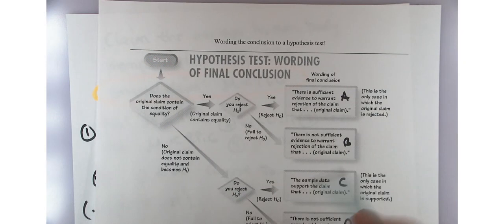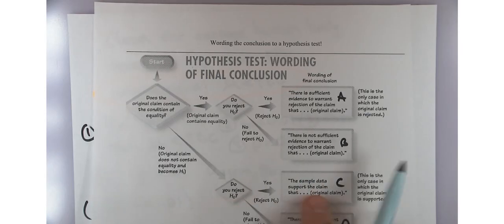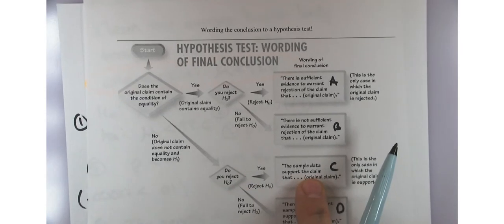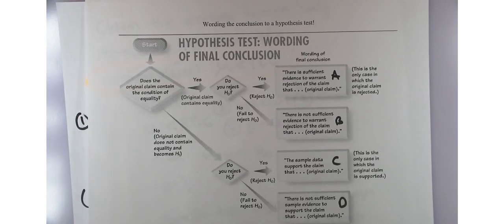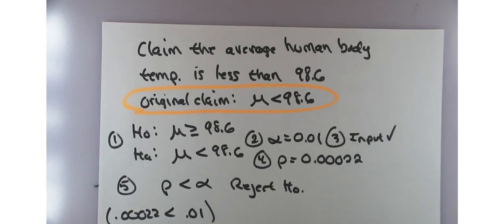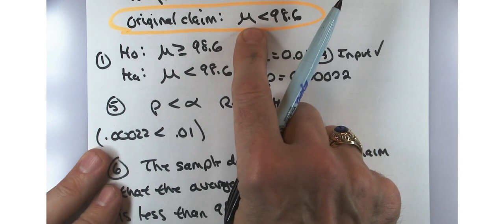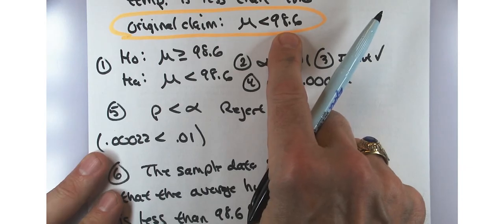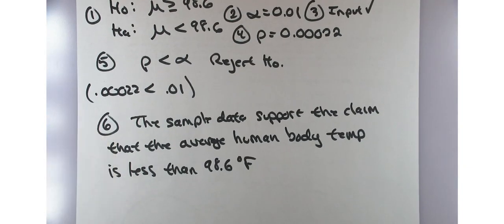Did we reject H naught? Yes. So the wording should start out here. The sample data support the claim that, and then we just need to put the original claim in words. So you should have something like, the sample data support the claim that the average human body temperature is less than 98.6 degrees Fahrenheit. So there's your conclusion in words.